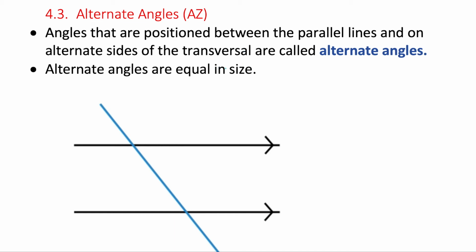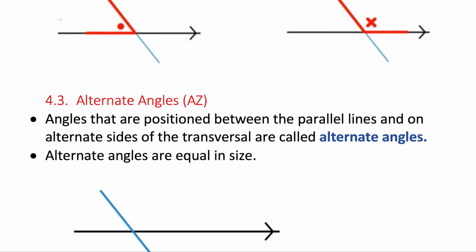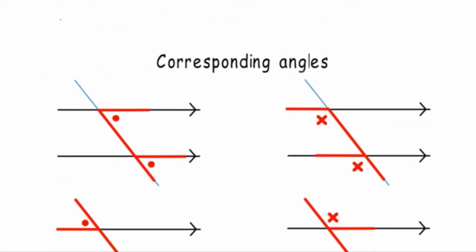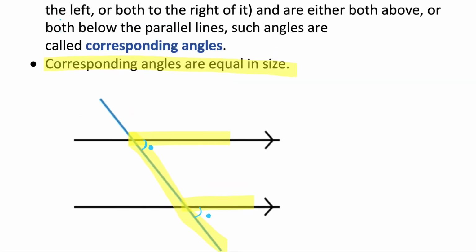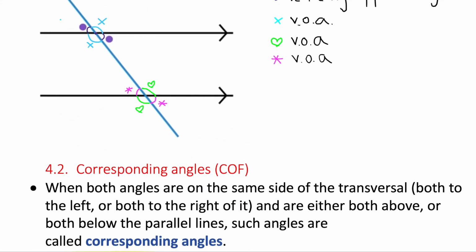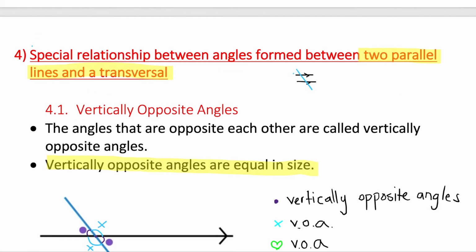Alternate angles. So we're looking at the third relationship here. I didn't mention in the previous videos, but make sure if you look in your notes, I'm going to go back just to make sure that in your notes you're following the same numbering. Do you see that I use here the subtitle was 4, and in subtitle 4 I was talking about the spatial relationships between angles formed between two parallel lines and a transversal.